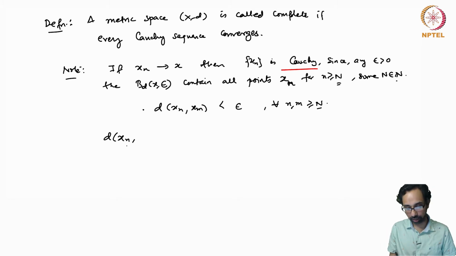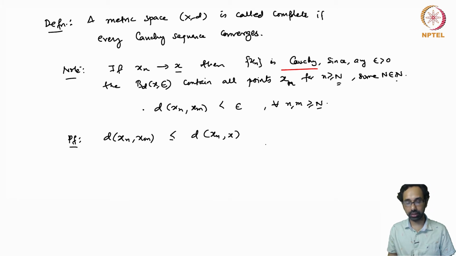Since x_n and x_m are points in the sequence, I can use the triangle inequality. So this is a proof of the statement before. I'm going to plug in the point x to which this sequence converges: d(x_n, x) plus d(x, x_m).